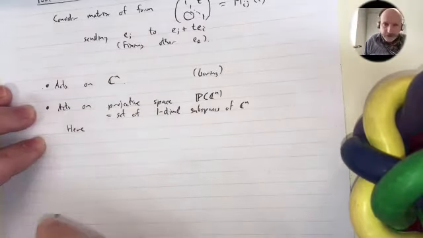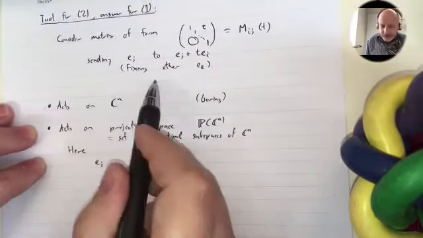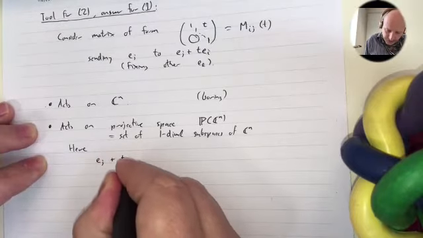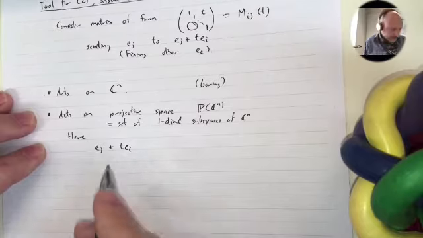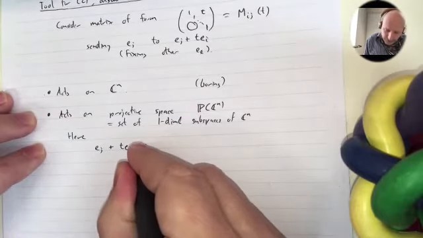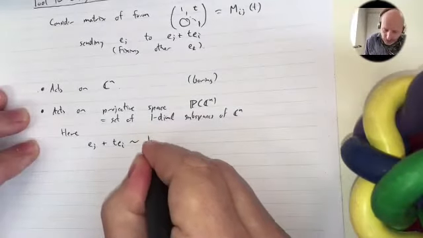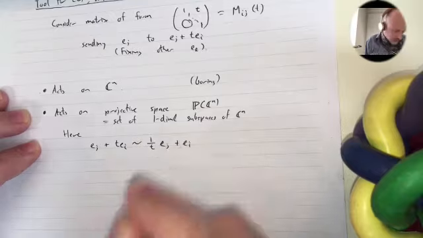Here, things get more interesting because this matrix sends Ej to Ej plus tEi, but this is the same, up to this equivalence, as 1 over t Ej plus Ei.